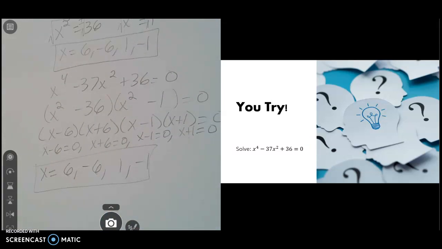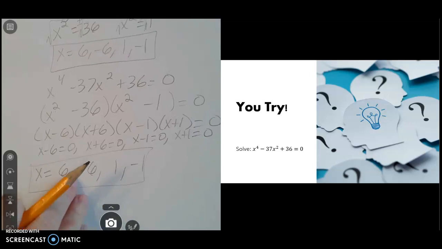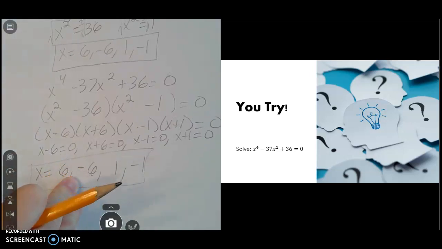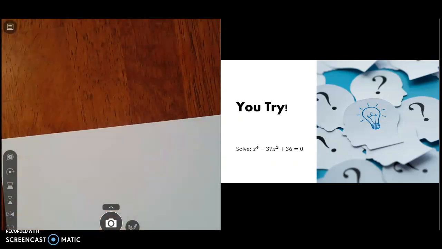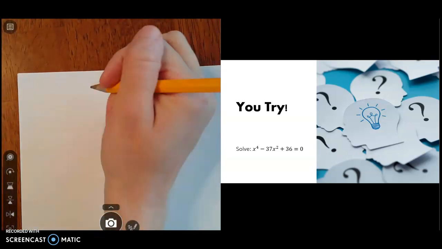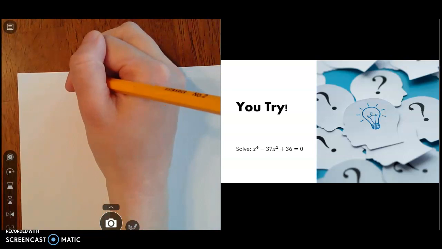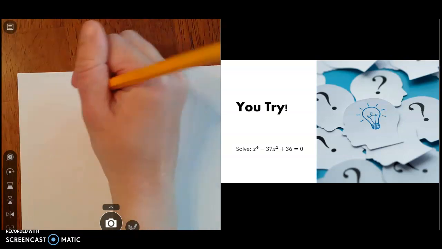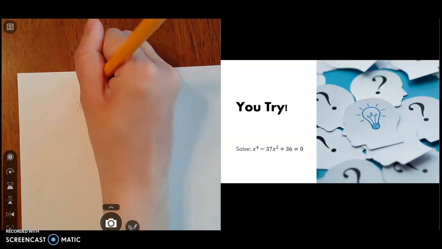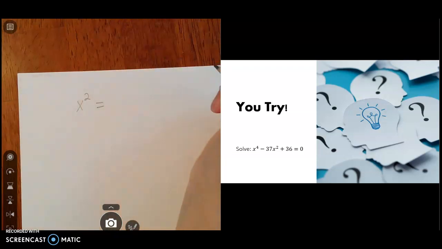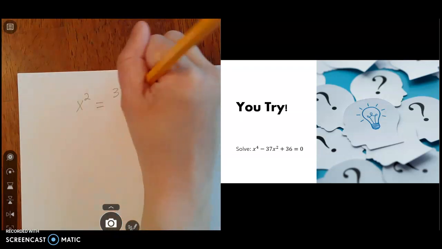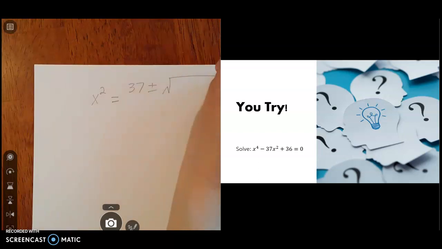If you really, really hate factoring, one more way to do this one, goodness. If you really hate factoring and you really want to use the quadratic formula, you are absolutely welcome to do so. It's just that instead of x to the fourth, you'll have x squareds. So you'll have x squared equals the opposite of b, the 37, plus or minus the square root. And then you'd have to do b squared.